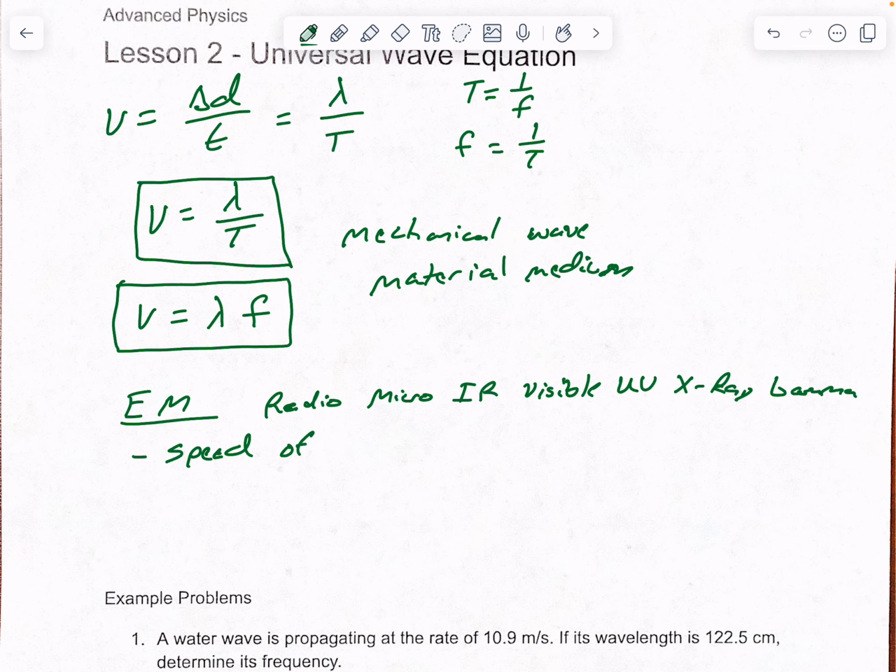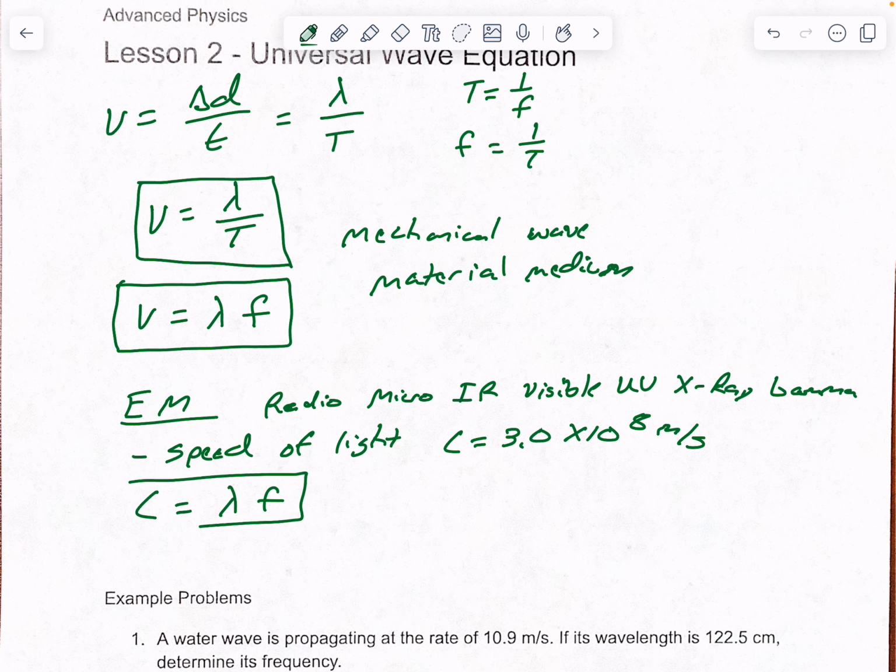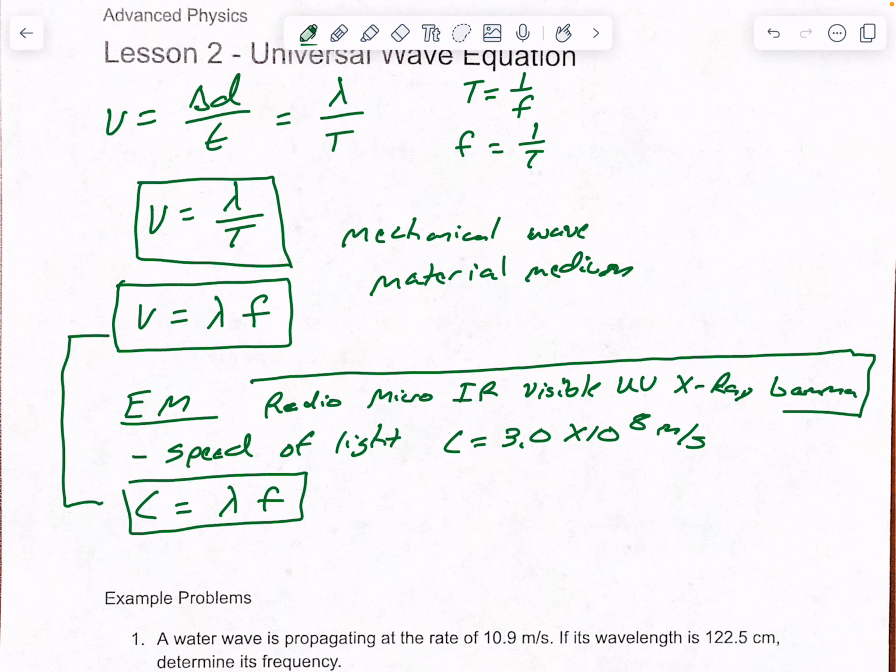So they all travel at the speed of light, and we will give you this value. The speed of light is c equals 3.0 times 10 to the 8th meters per second. So you can also say that c equals frequency times wavelength. There's your third equation. These two are basically the same. The only reason we're putting c there is because when you're dealing with electromagnetic waves, their velocity never changes.